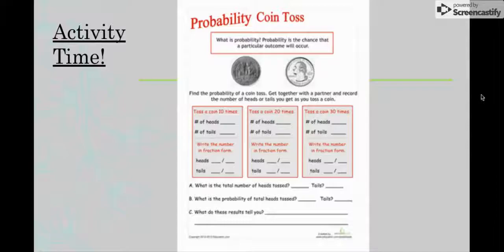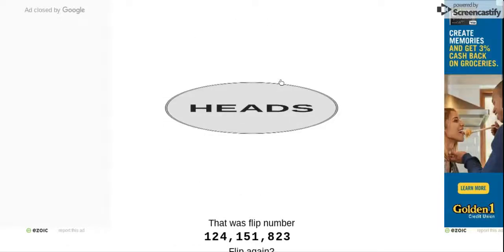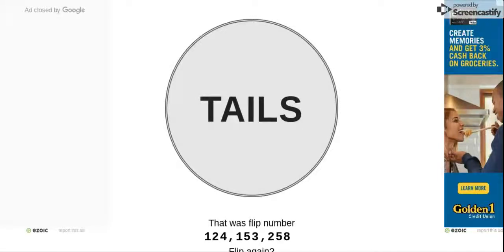So now we're going to do the activity, and we're going to do a coin toss ourselves. I'm going to flip this coin 5 different times and then record my data. First flip gives me tails. Second flip gave me tails again.